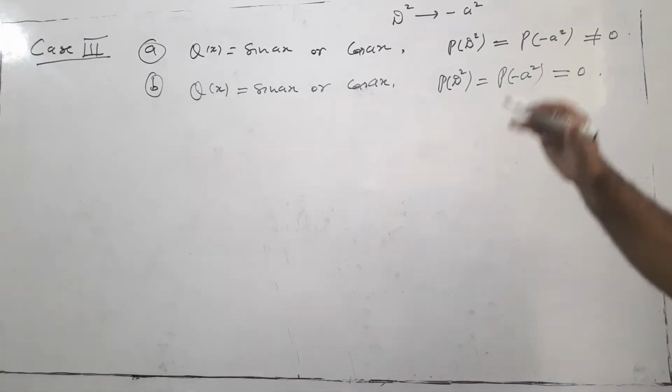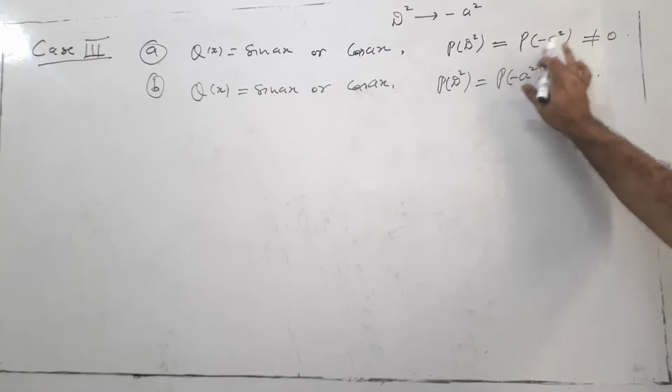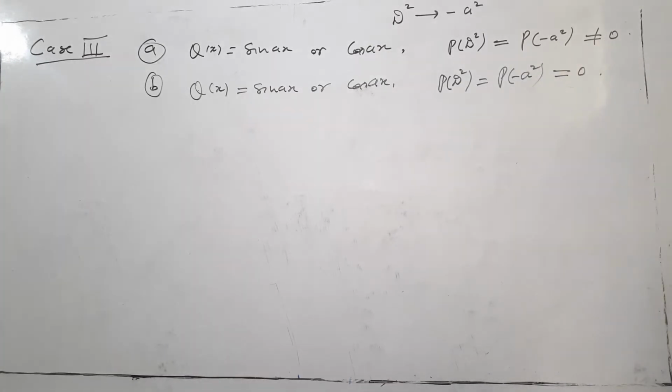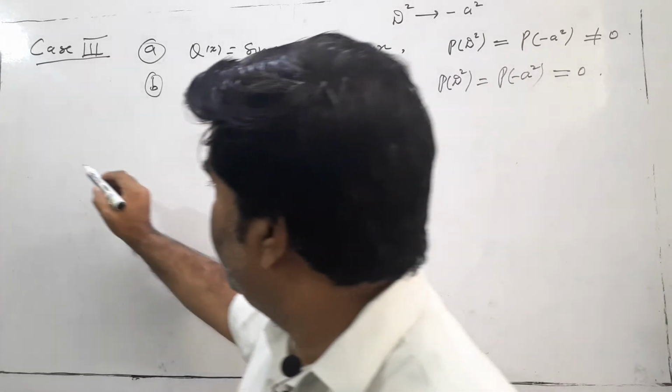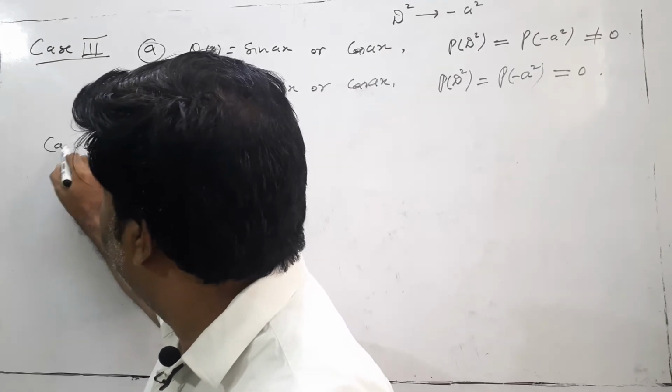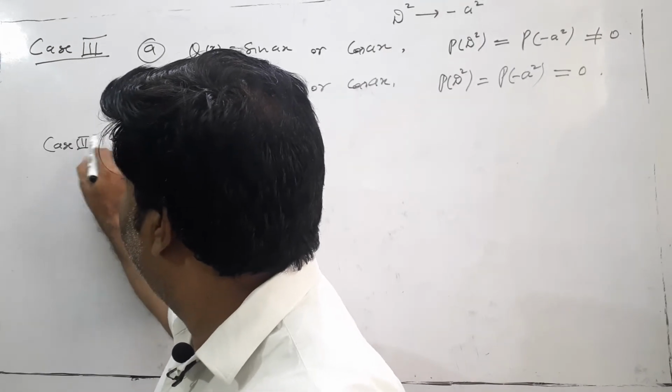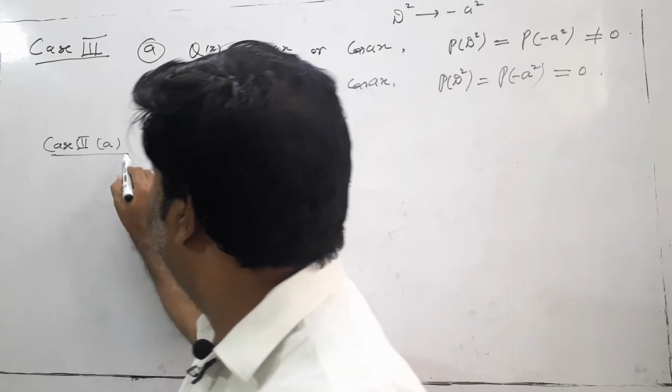So first of all we discuss when P minus a square is non-zero. Case 3A.